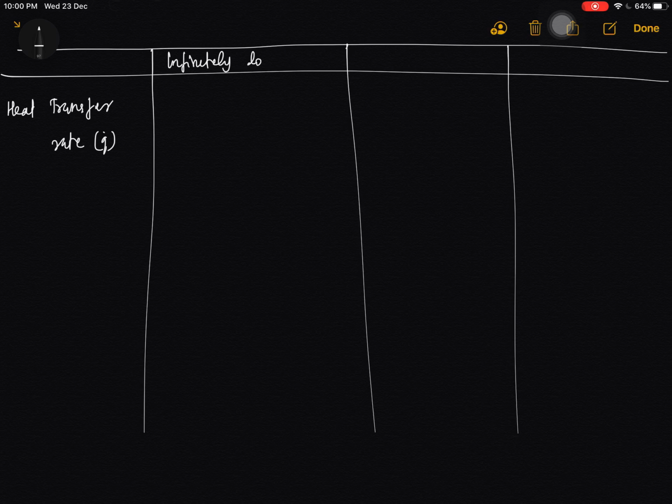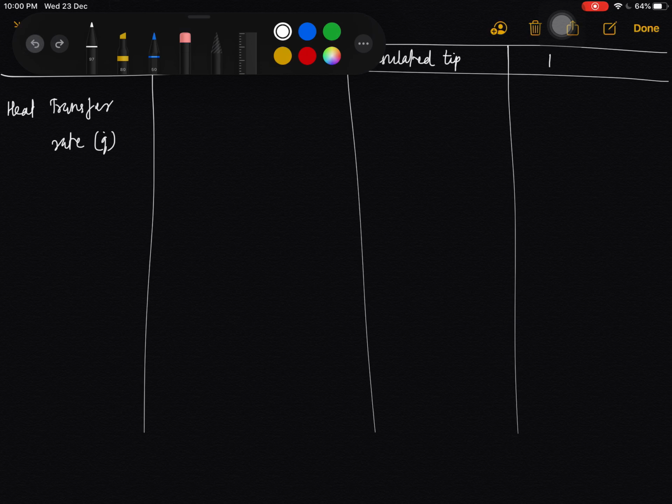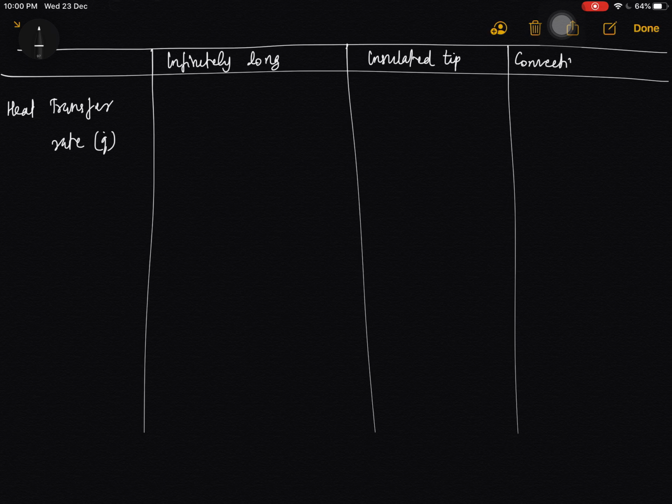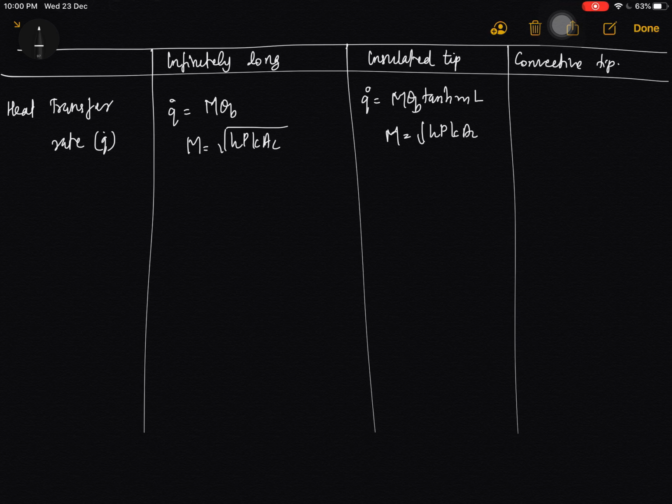Here we are discussing the infinitely long fin, the insulated tip fin, and the convective tip fin. For the infinitely long fin, q dot is given by the equation m into theta b, where m is equal to root of hP kAc.